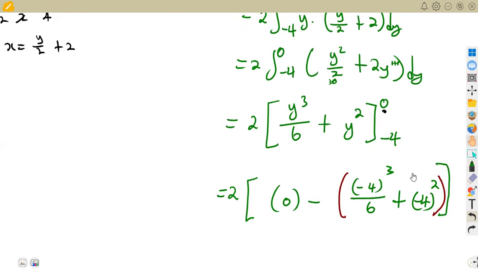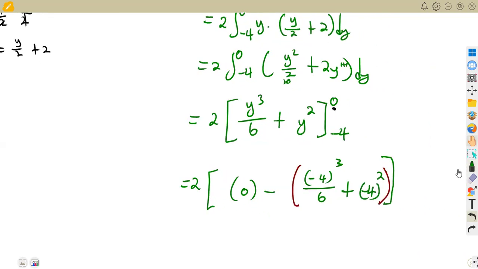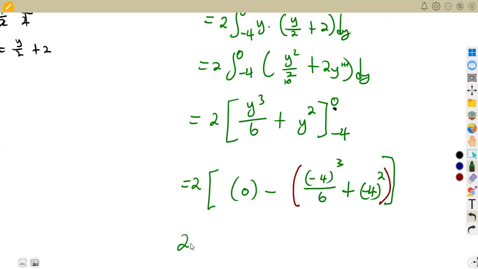So if you are to simplify this properly, let me take it this way. All right, this is going to give us a 2. So this will be equal to 2 into, that's 0 minus the whole of this part is going to give us 16 over 3, which is going to give us -16 over 3 times 2, which is -32 over 3.